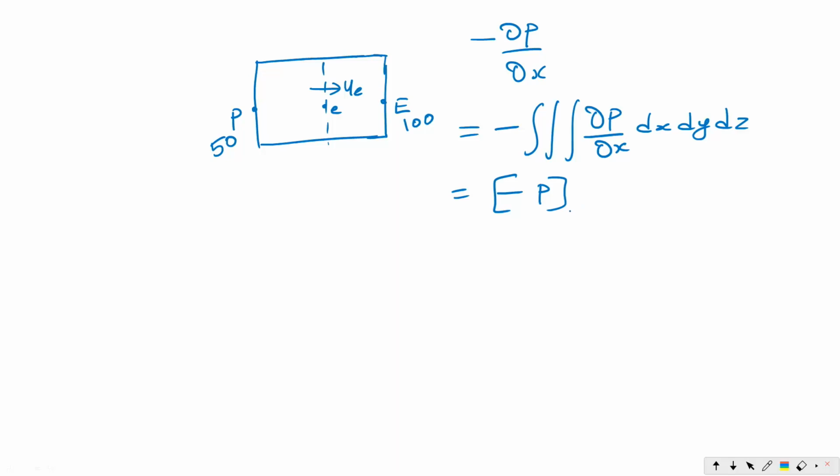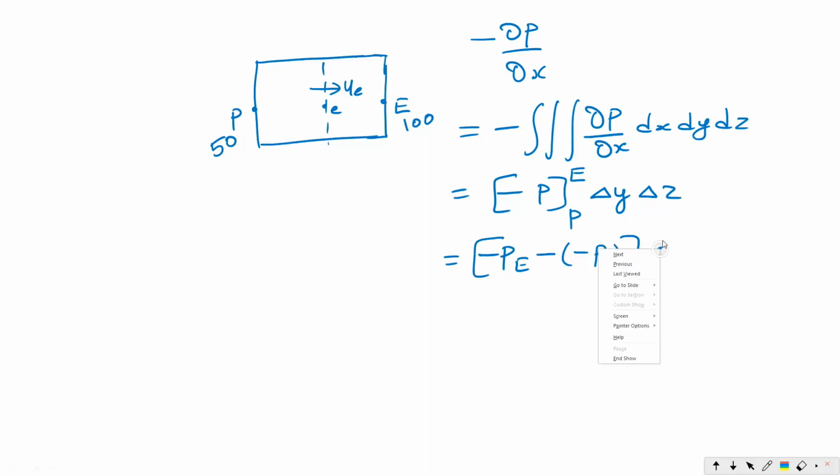So we want to move from P to E. When I integrate dy, it becomes delta y. I have already told the reason. Similarly, dz will become delta z. Now I apply the limits: minus (PE minus PP) times delta y delta z. Delta y delta z is nothing but the area of this control volume.